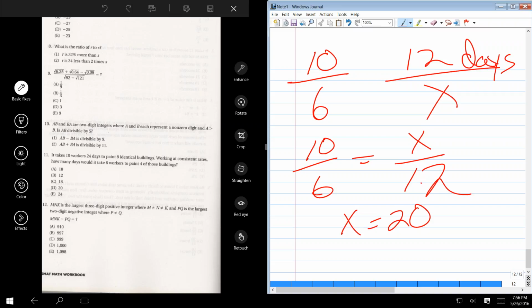I'm sure we could do it the way you started out to do it, which is to figure out how many buildings one worker can build in one day, and then go from there. But usually when there's this many different things, there's a shortcut. And the shortcut is to notice that 4 buildings is exactly half of 8 buildings. So I immediately know how long it would take 10 workers to build 4 buildings, and then I have a ratio I can set up.